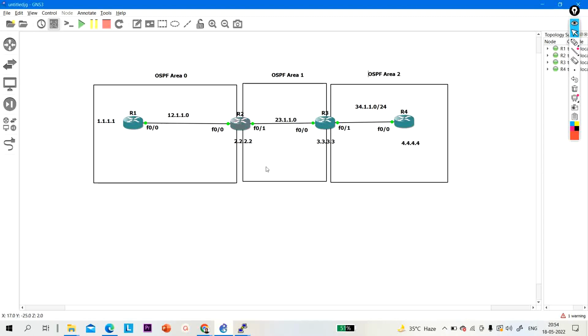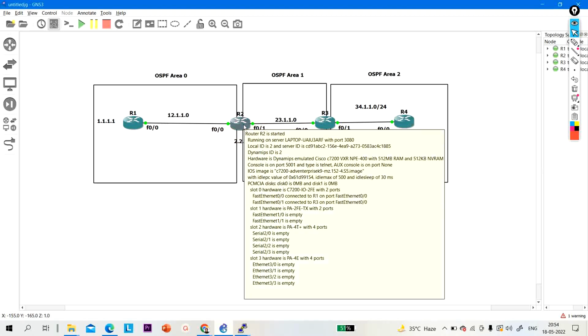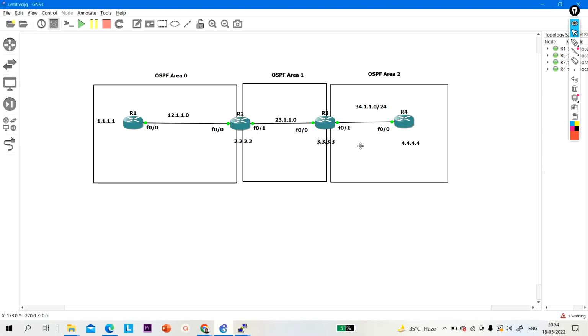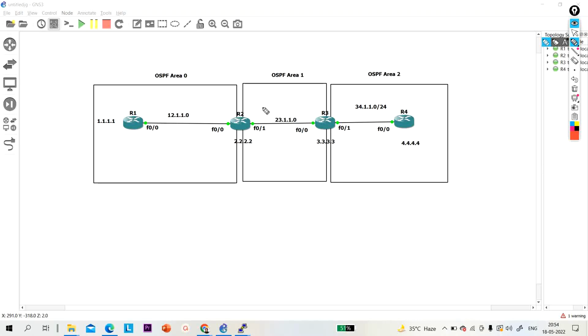Okay, what will happen if I configure like this? This is my area 1 domain and this one is area 2 domain. Yes, R4 will never communicate to R1, because there is no ABR. So who will generate LSA 3? Who will send the network information of this area into the other area?